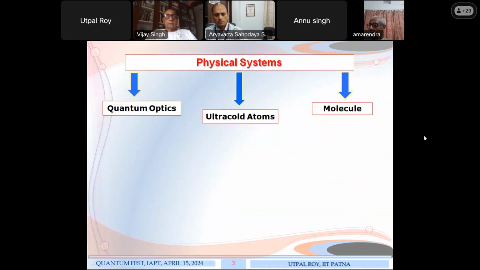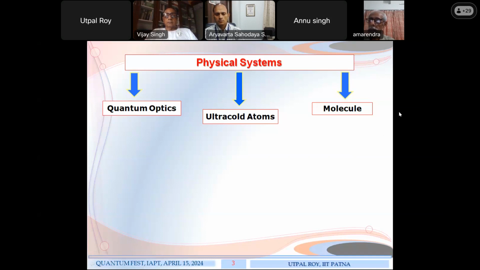And here, always people look for a physical system. Physical system means that to implement any technology, we have to think of where and by what we can apply it. For example, laser. When we talk about laser, laser was prepared in a medium and then it was used. So that is the kind of thing one has to think of, whether it is classical or quantum.